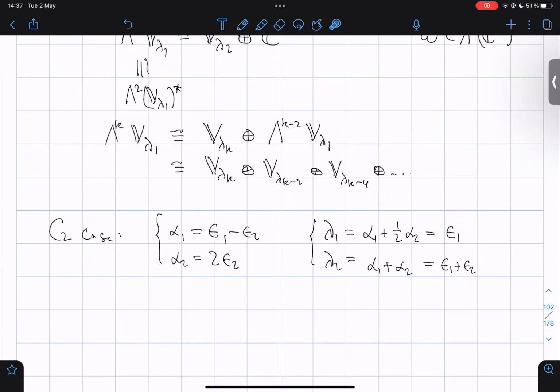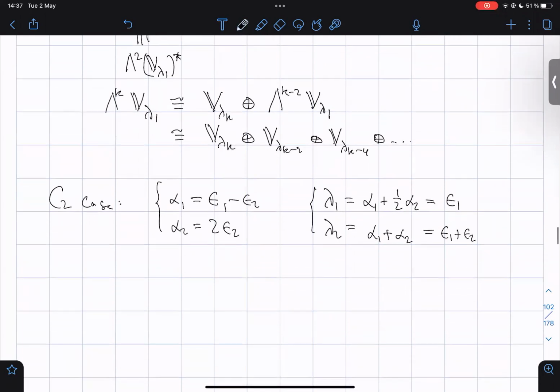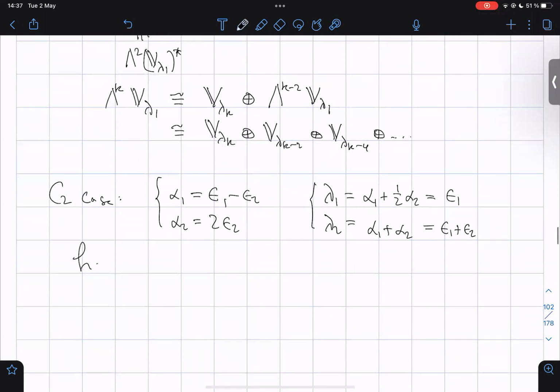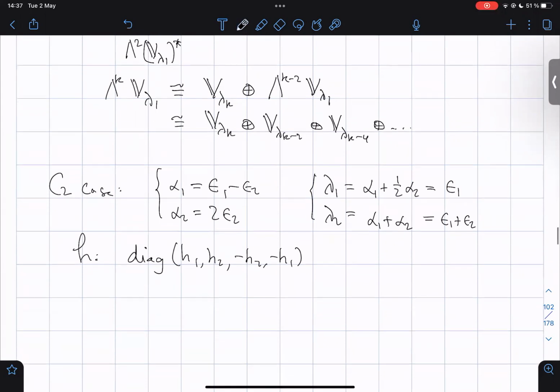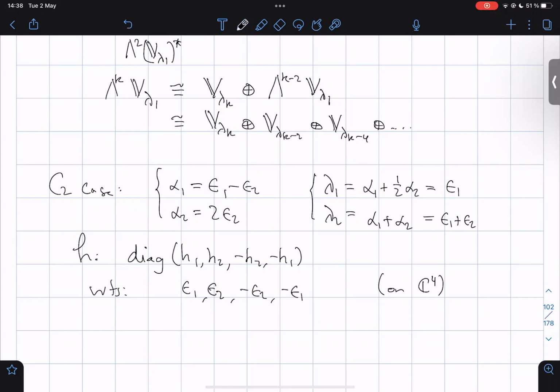But yeah, let's just write some more here. So H is spanned by elements looking like that. The weights would be epsilon 1, epsilon 2, minus epsilon 2, minus epsilon 1. Okay, so this is on C4.